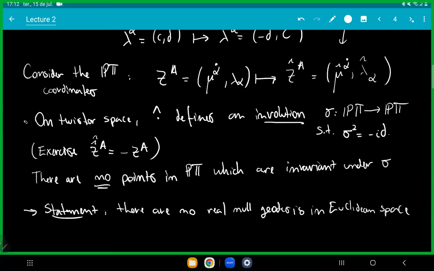And this is kind of obvious, right? Because we equip Euclidean space with a positive definite metric, so there is no causal structure that you could define using a positive definite metric.